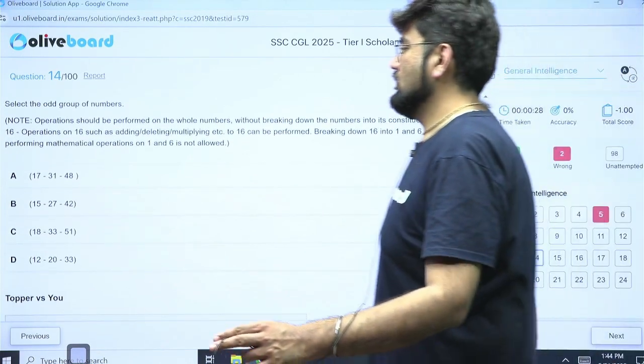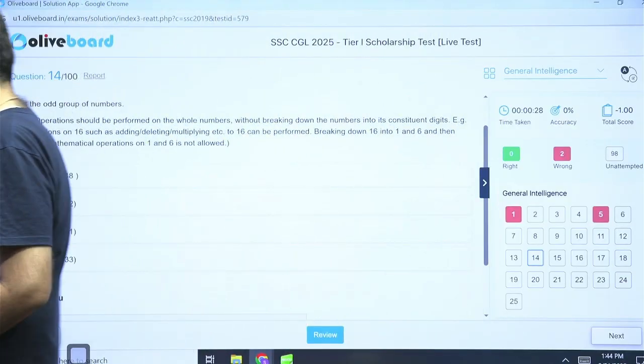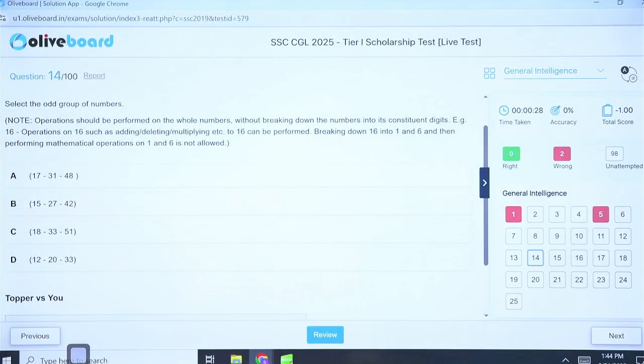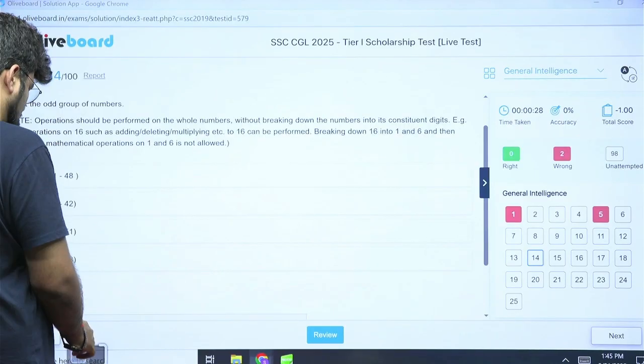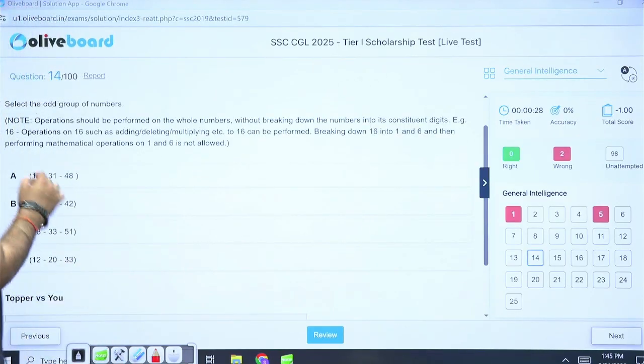Okay, try this one. The odd group of numbers. We need to figure this out. Which one is the odd group of numbers? Check for a common logic and get your answer. Now see, if you observe carefully, what may be a probable reason, logic is 17 and 31.